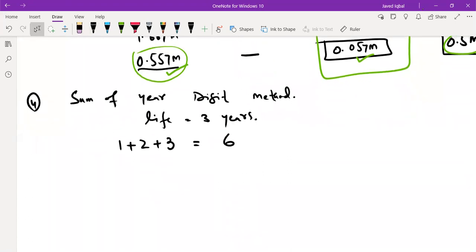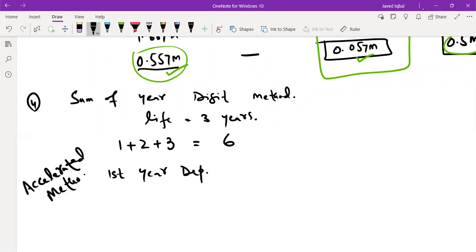So now you can easily find out the depreciation for the first year. So if you are using the accelerated method, first year depreciation would be the last year's number divided by the sum, which is 6.